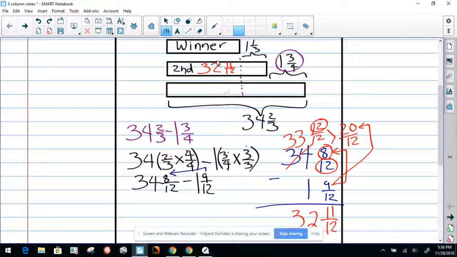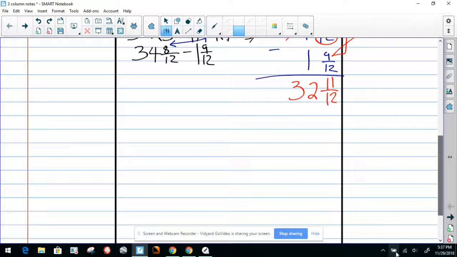So now we need to find out the winner's time. From the time of the second place, we can subtract the time that he came behind the first racer, which is 1 1/3. Now we're going to subtract 1 1/3.